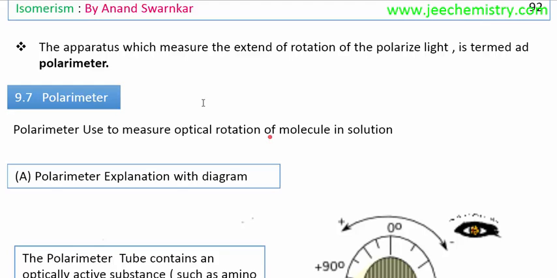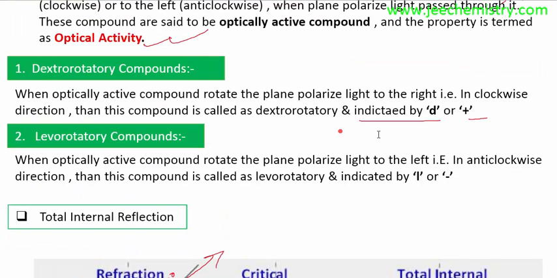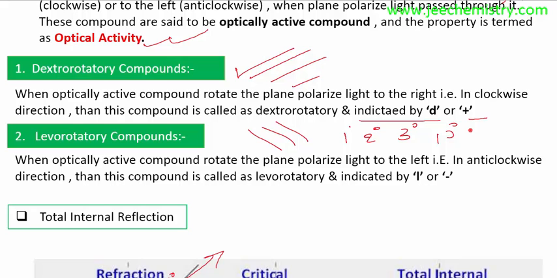The apparatus which measures the extent of rotation of polarized light is termed a polarimeter. Dextrorotatory compounds rotate the plane polarized light to the right, but levorotatory compounds rotate it to the left. But how much rotation? 1 degree, 2 degrees, 3 degrees, 10 degrees, 50 degrees?